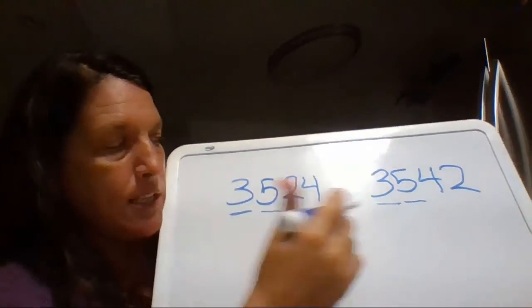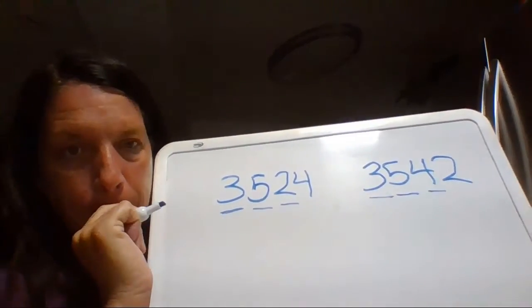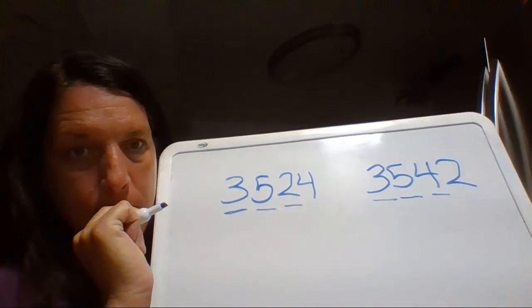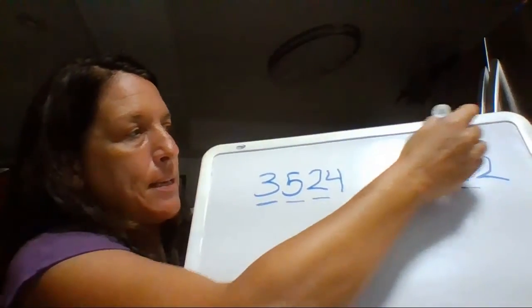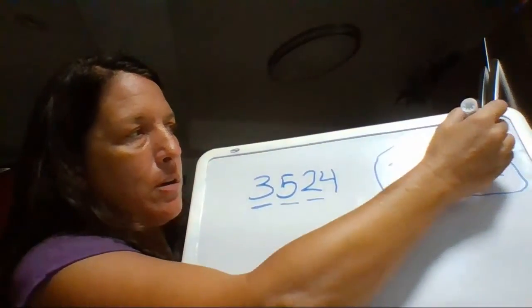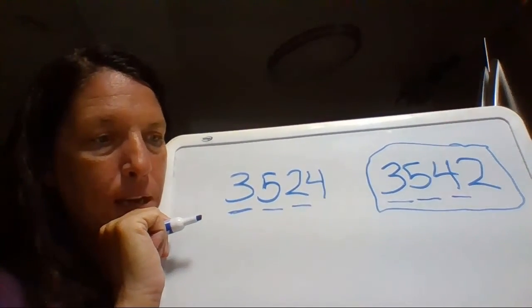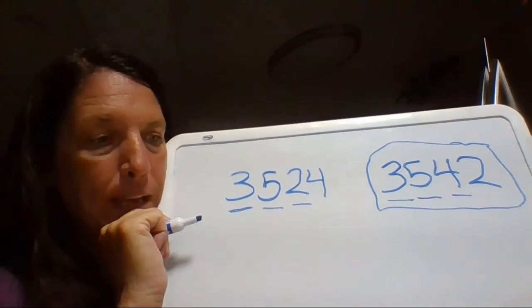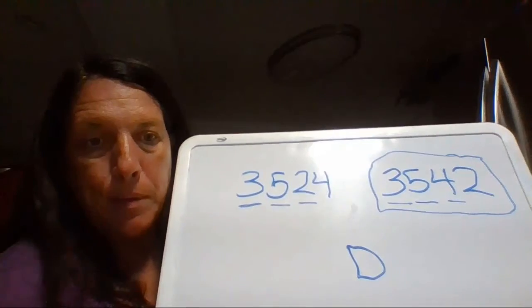So now we got to go to the tens place. Which one's bigger? 20 or 40? 40, right? 40 is bigger than 20. That makes this whole number bigger. So your answer should have been 3,542, which was basketball, and it was the letter D. And that is quick pick number 5.